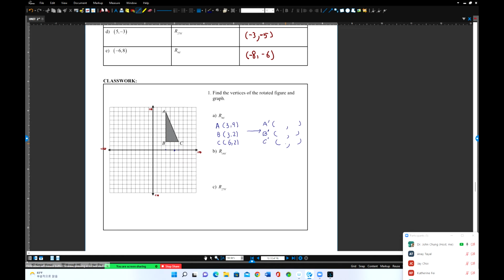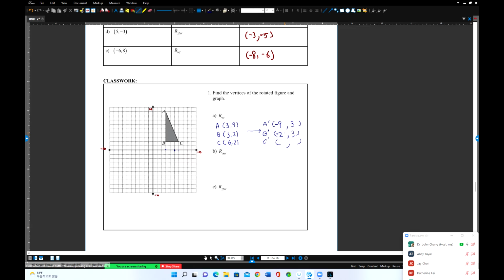Switch and the first number is negative. 9 and 3. The first number is negative. Okay? For B, still 90 degree. Switch. Done? No. After the switch, the first number gets one more negative sign.